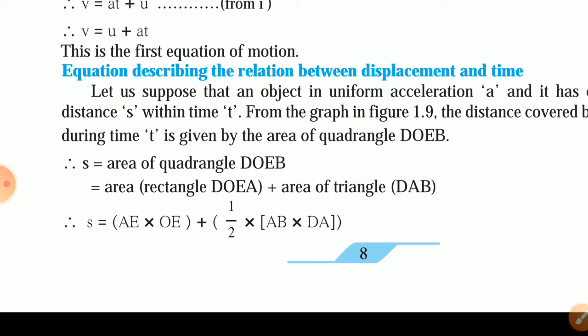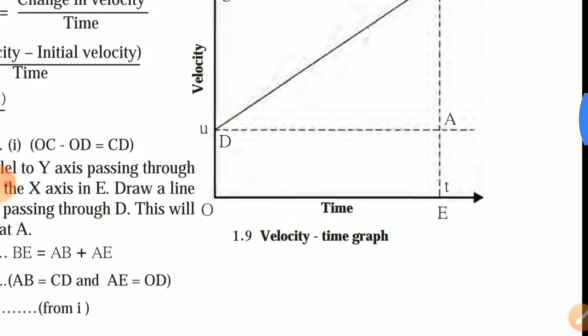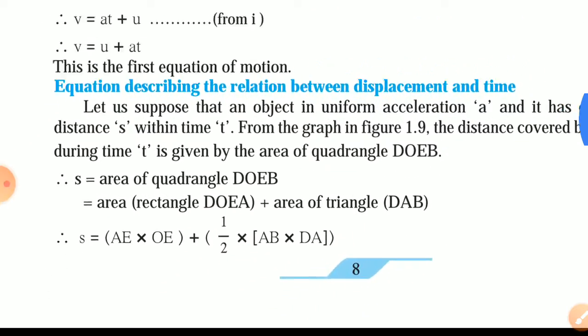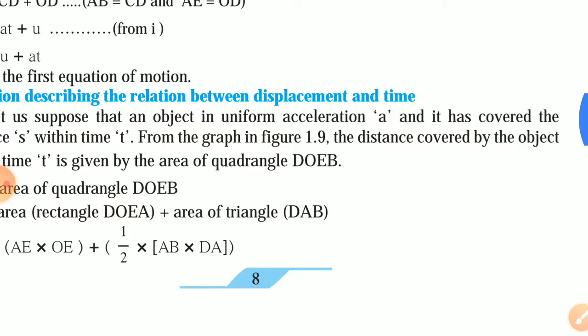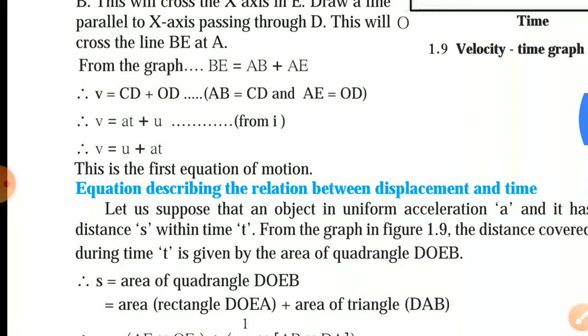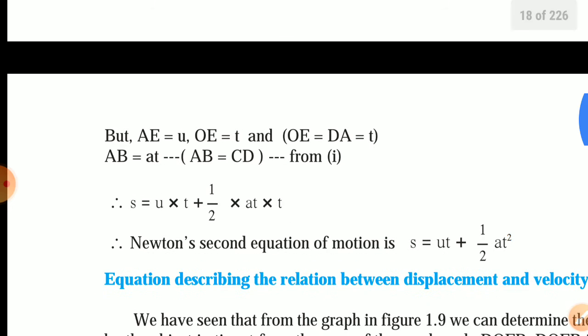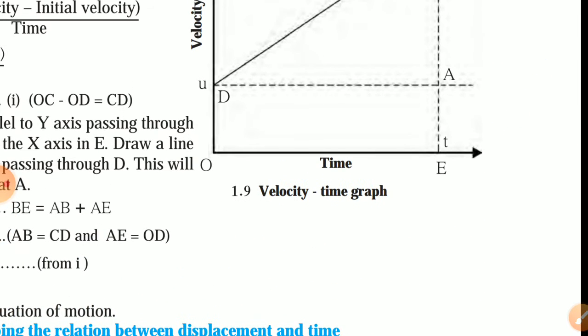Now calculate the area: length into breadth for the rectangle, and half of length into breadth for the triangle. Putting in the values, AE is equal to OE, half of AB into DA is the area of the triangle.